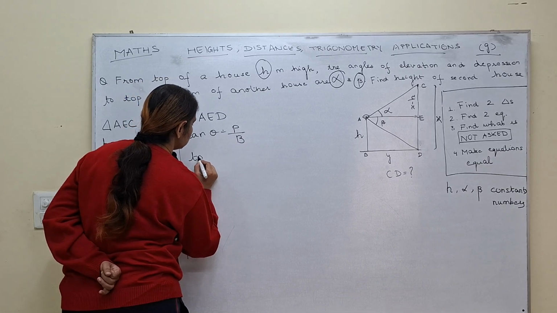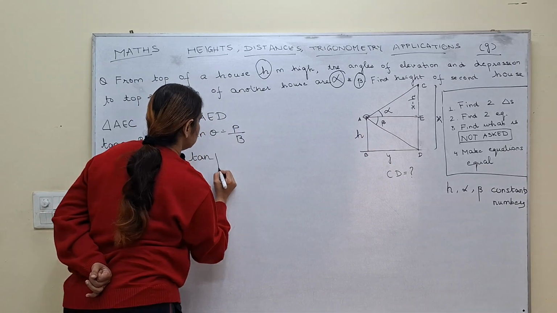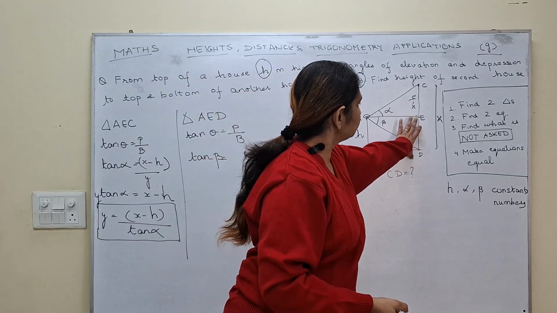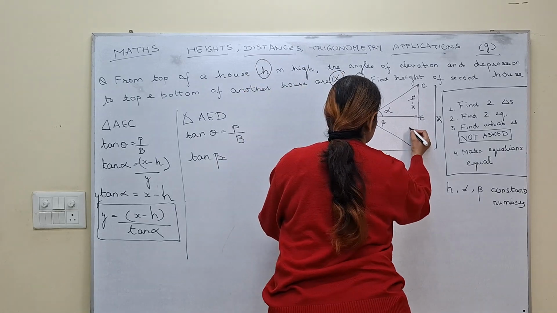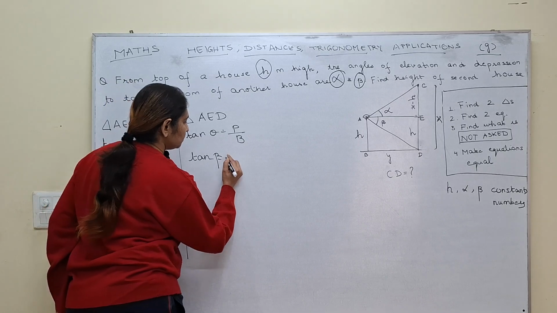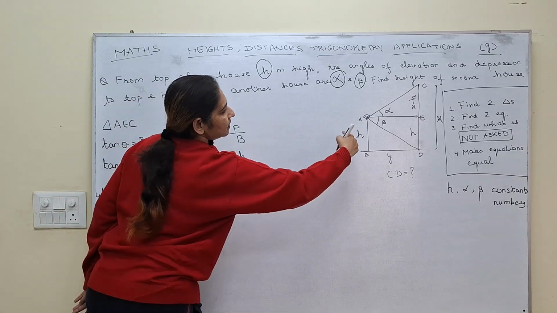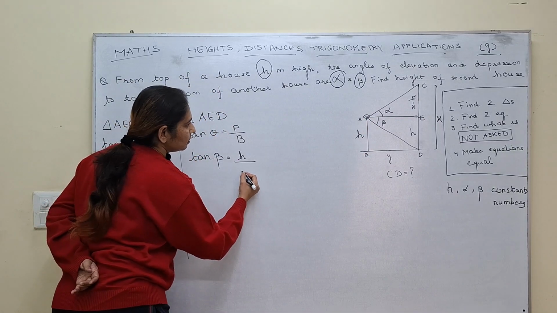In this case, the angle is beta. How much is the perpendicular? h. The perpendicular is h, and the base we know is y.